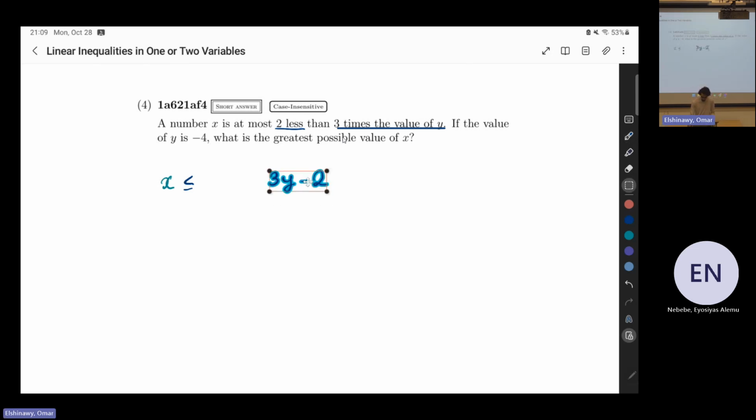And then x is at most this value, so it is less than or equal to this other value. Now, if y is equal to minus 4, then can somebody tell me what x would be? Yeah, x is less than or equal to minus 14.